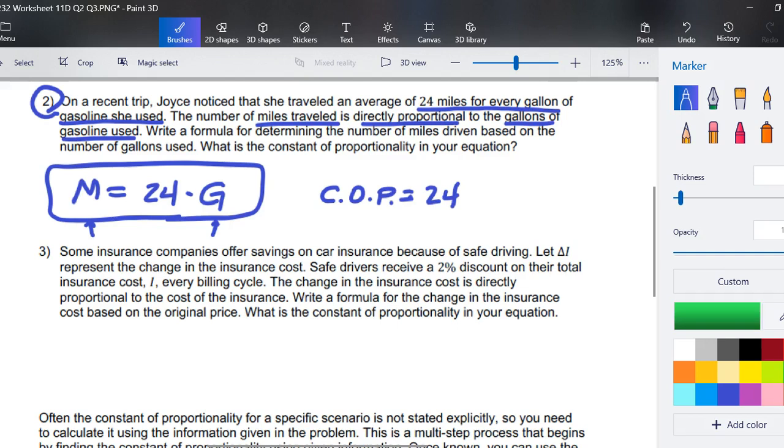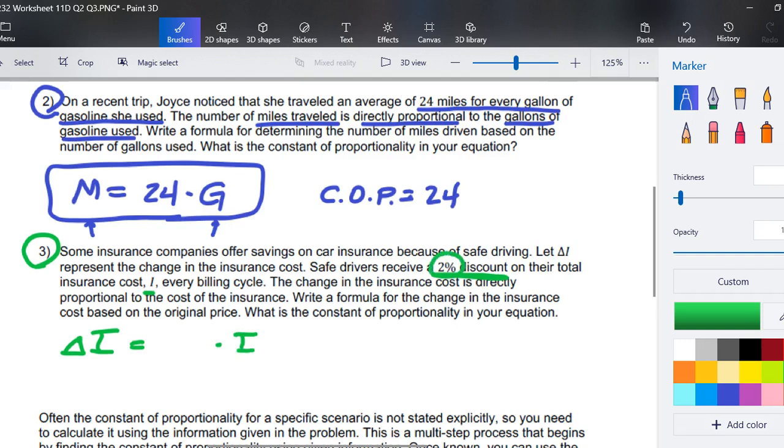Keep going, looking at question 3. Some insurance companies offer savings on car insurance because of safe driving. Let delta I represent the change in the insurance cost. Safe drivers receive a 2% discount on their total I every billing cycle. The change in the insurance cost is directly proportional to the cost of the insurance. So it's going to be something times the cost of our insurance.